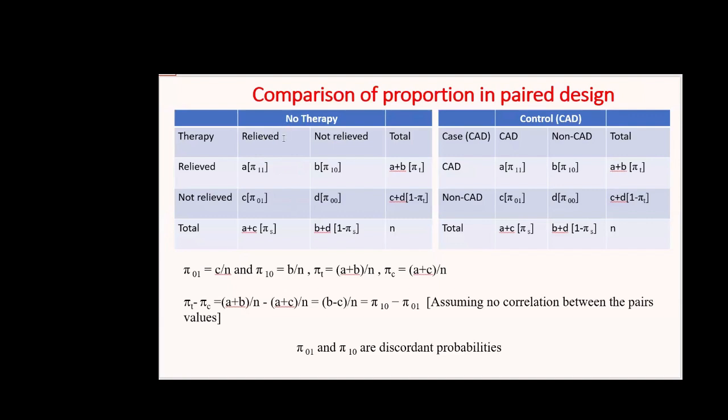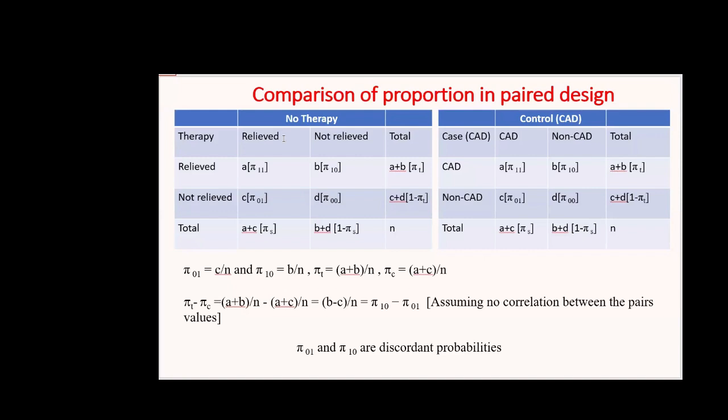So for example, I am taking simple cold and cough. Those persons who are taking treatment for cold and cough are matched with other persons with the same disease. One group is taking the treatment and the other group is not taking any treatment.